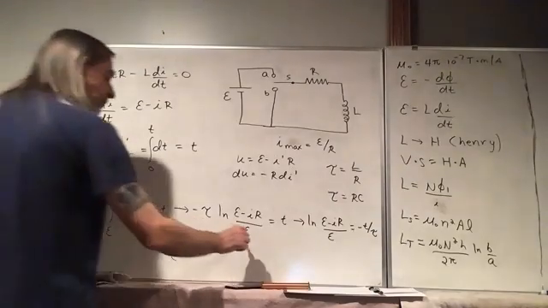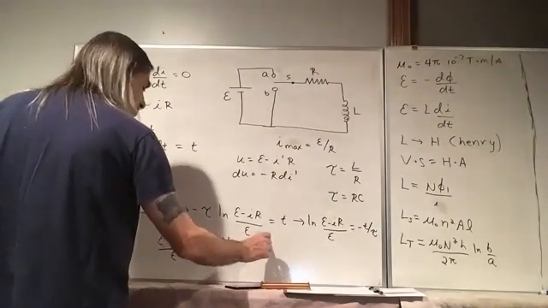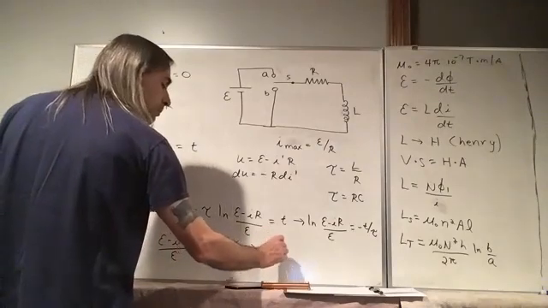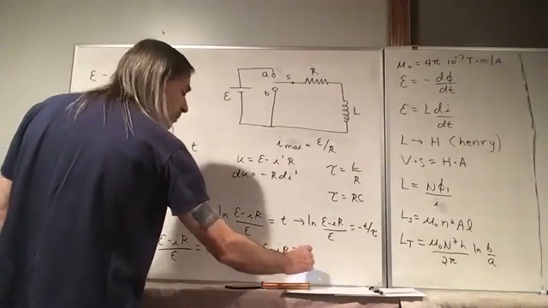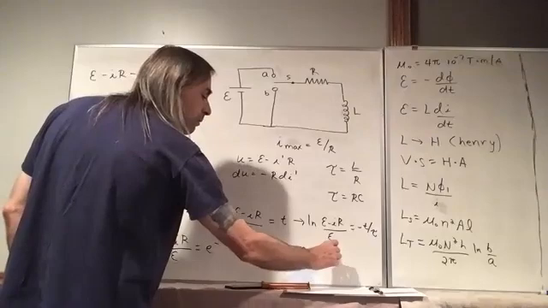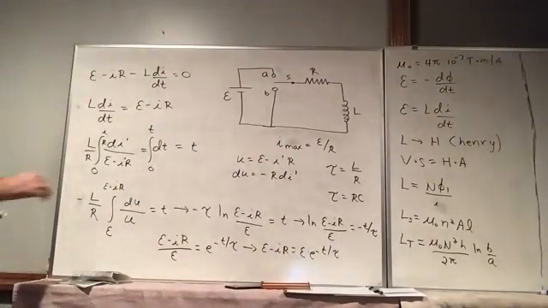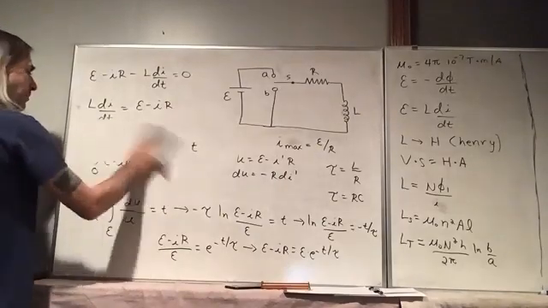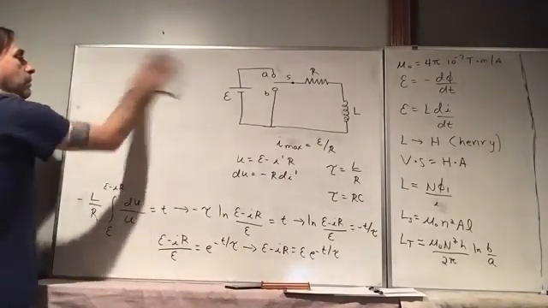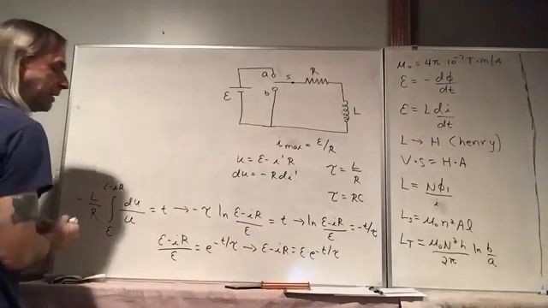And we basically just want to solve for the current, but we're kind of out of room here. So I'm going to erase some things. Let's just write the result.